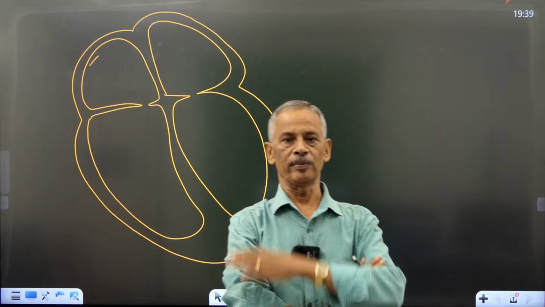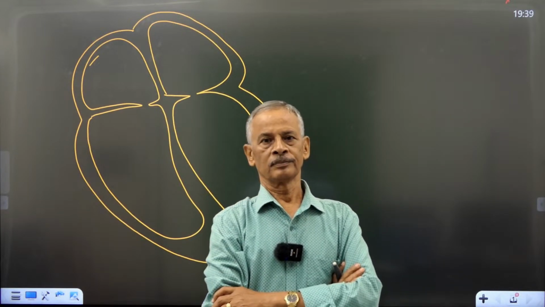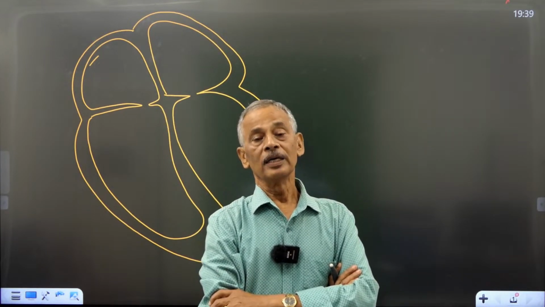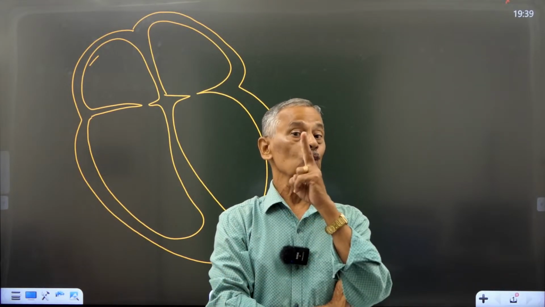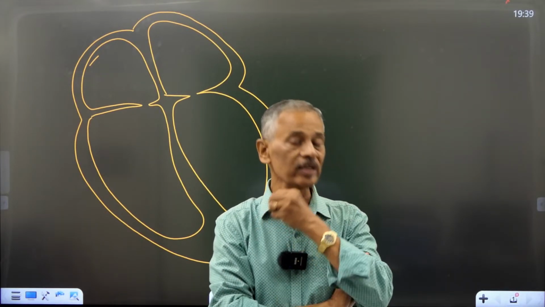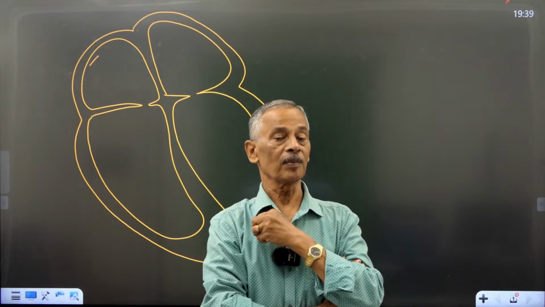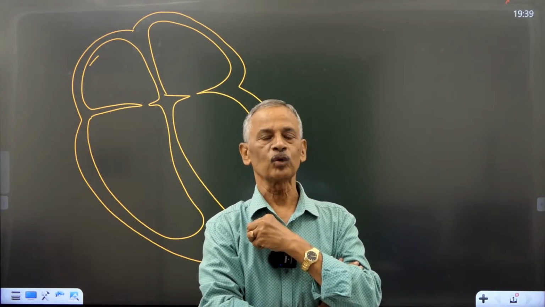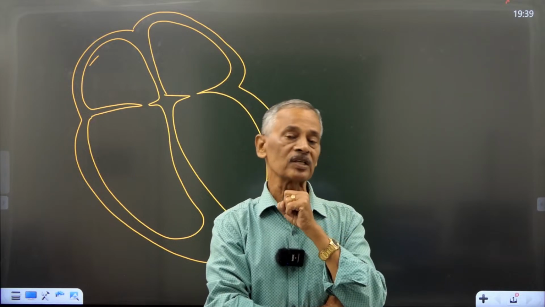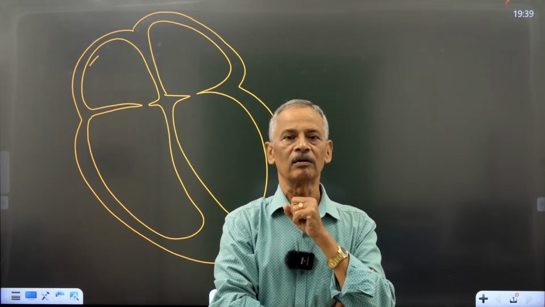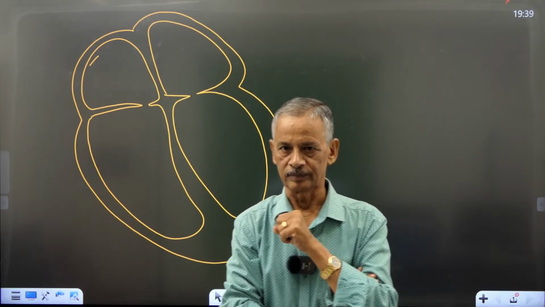The 2 upper chambers receive blood. Remember, the heart is the pumping organ, so it should receive blood and then pump blood. That receiving part is called atria or auricle.